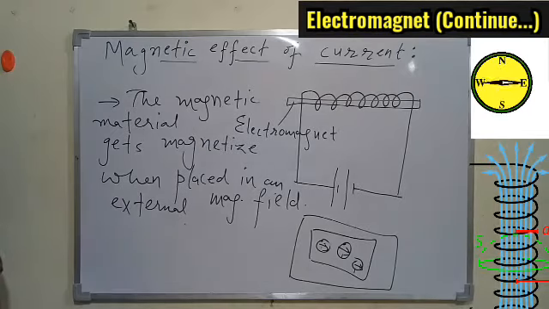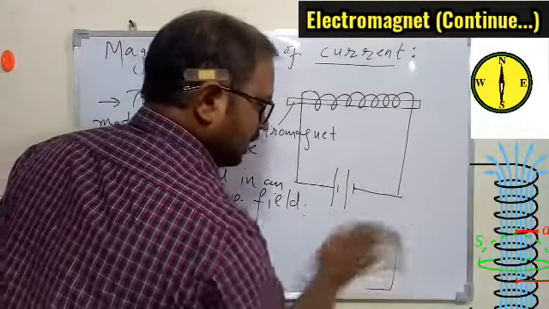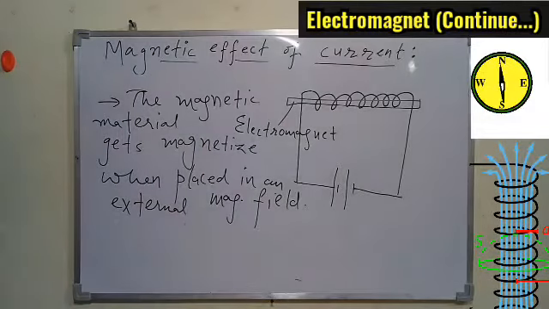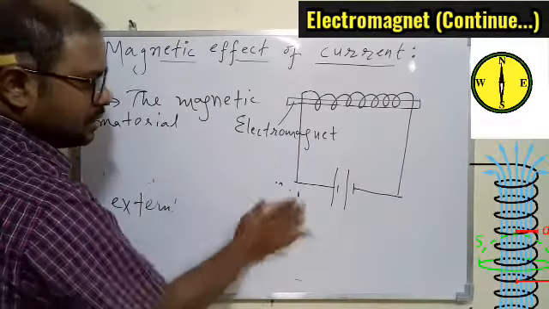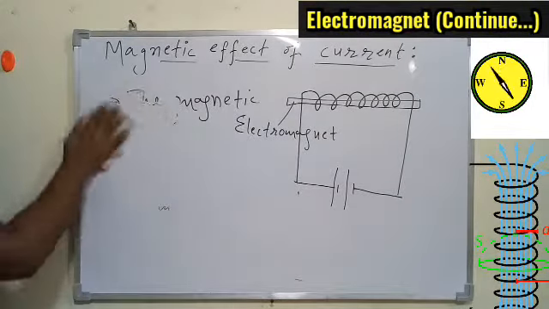So I hope this is understood. Any magnetic material behaves as a magnet when it is placed in an external magnetic field. Now external means the field which is produced by some other magnet.